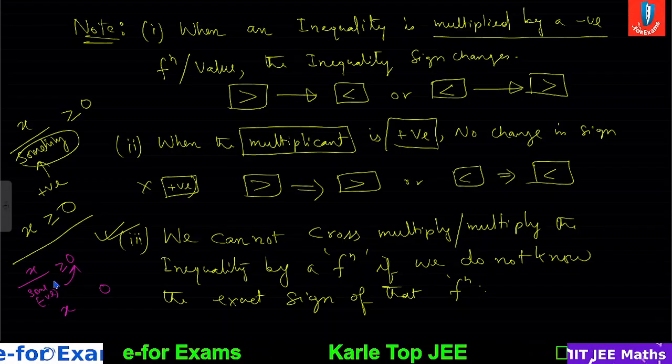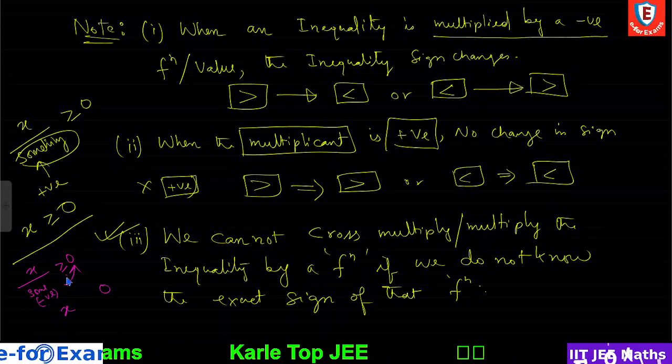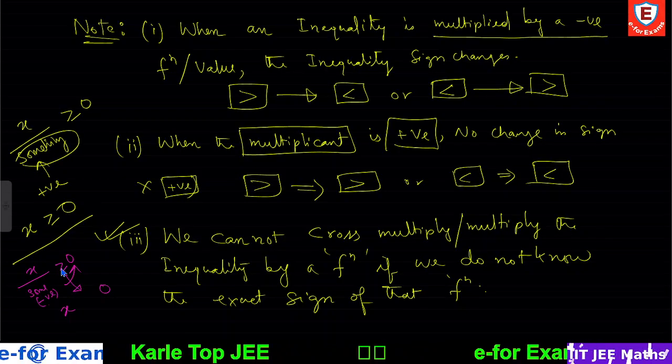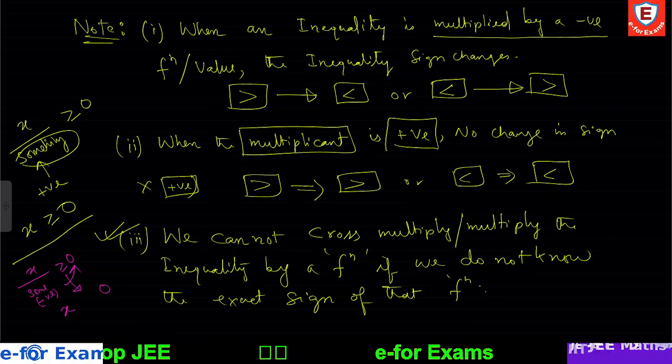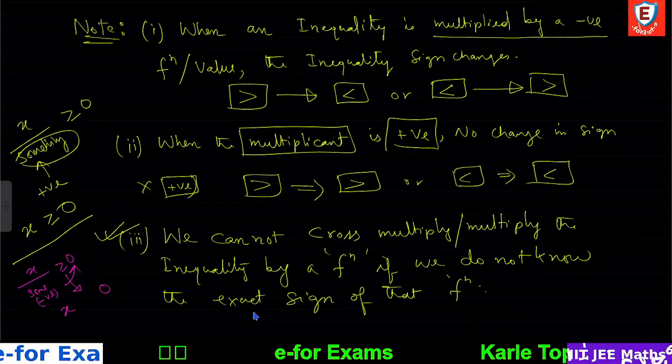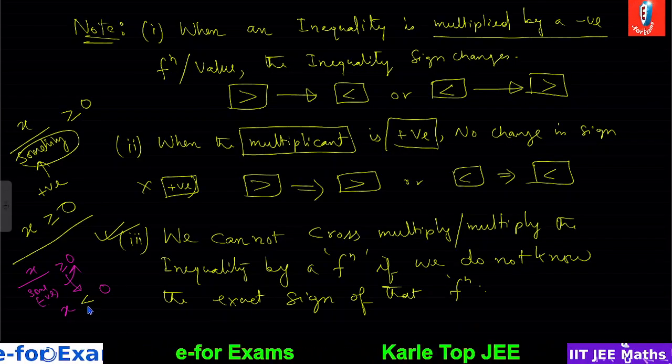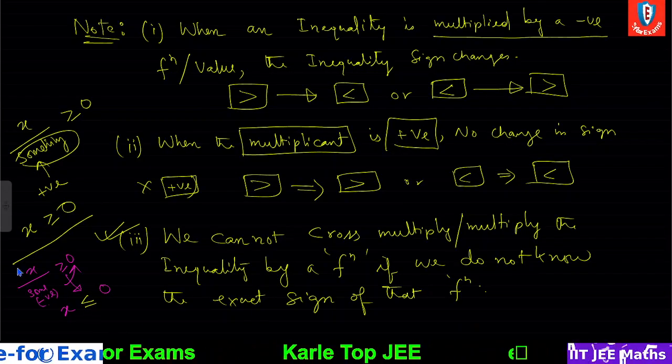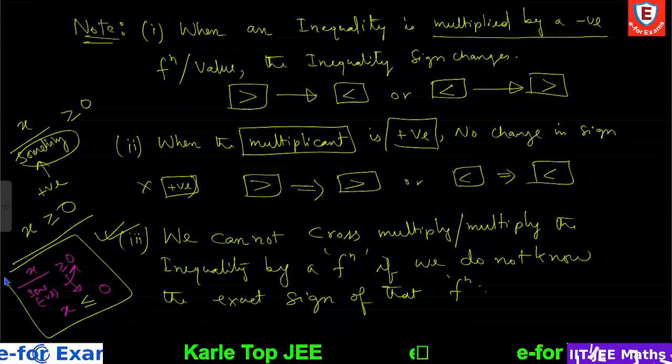So we change the sign here. Here it is greater than or equal to 0, it will be reversed to less than or equal to 0. This is very important.